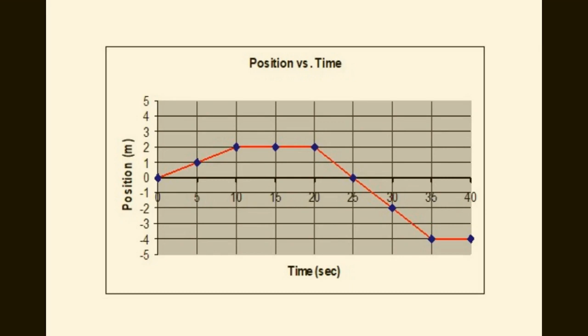Let's look at a real-life scenario with a basketball player at midcourt. The midcourt is considered 0-0 or the player's starting position. From 0 to 10 seconds, the player moves forward 2 meters. From 10 to 20 seconds, the player is stationary and stopped in place. At 20 seconds, the player runs back towards his own court in order to stop a fast break.